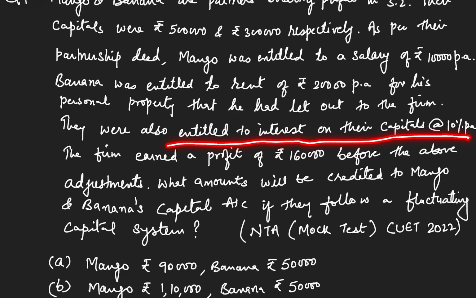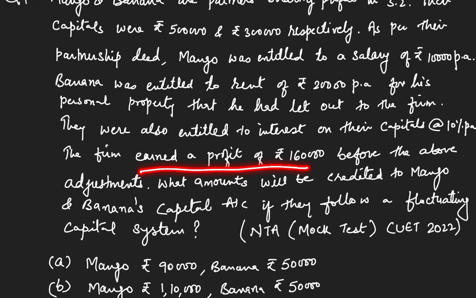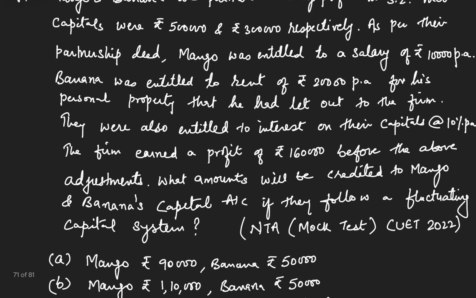They were entitled to interest on their capital at the rate 10% per annum. The firm earned a profit of rupees 1,60,000 before the above adjustments. What amount will be credited to Mango and Banana's capital account if they follow a fluctuating capital system?